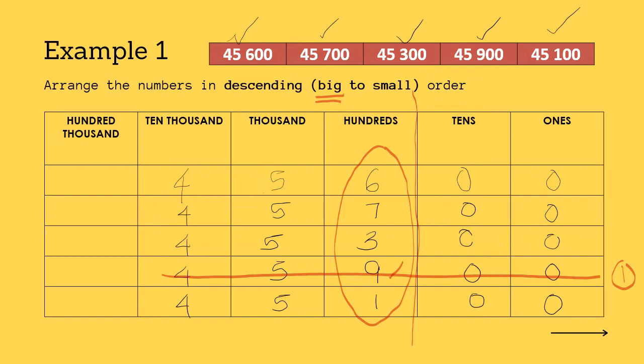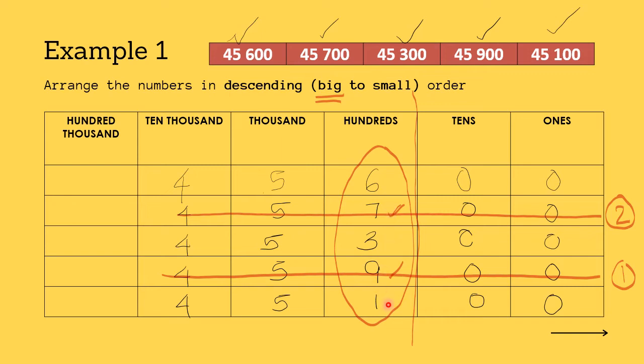Then for the second biggest number, you are comparing between 6, 7, 3, and 1. The second biggest number between these four numbers is obviously 7. So 45,700 will be the second number which you are going to write later on.